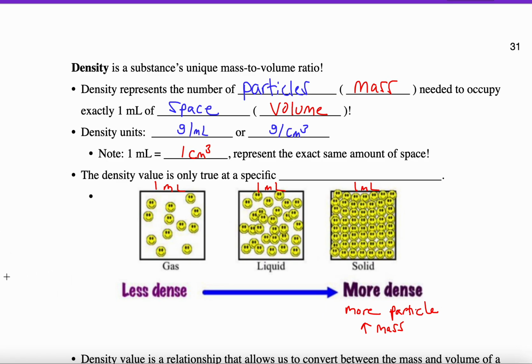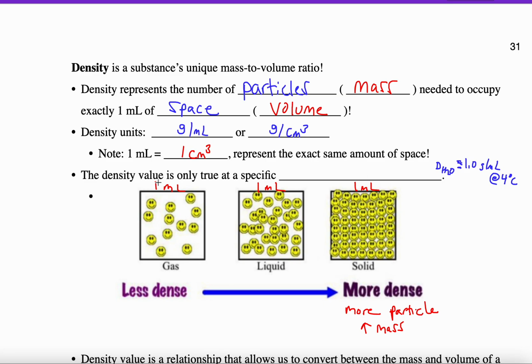Now, if I asked you for the density of water, many of you right away would say the density of water is 1.0 grams per milliliter. But the crazy thing is we use that value all the time, but this density value, 1 gram per milliliter, is actually only true when the water's temperature is being held at 4 degrees Celsius.